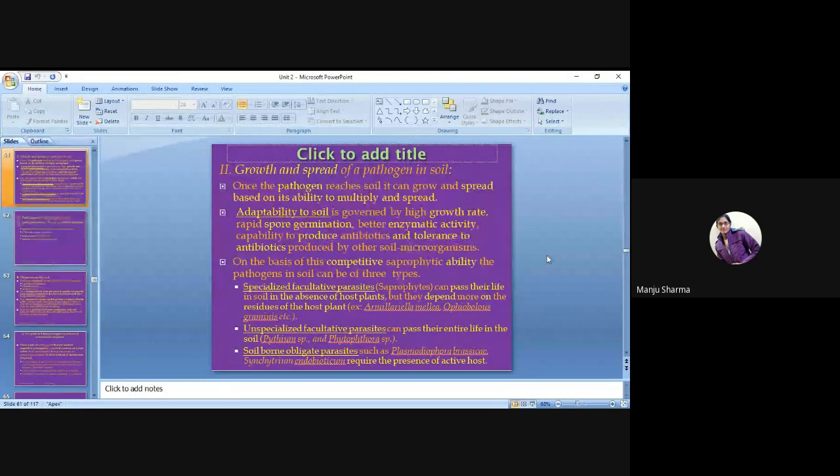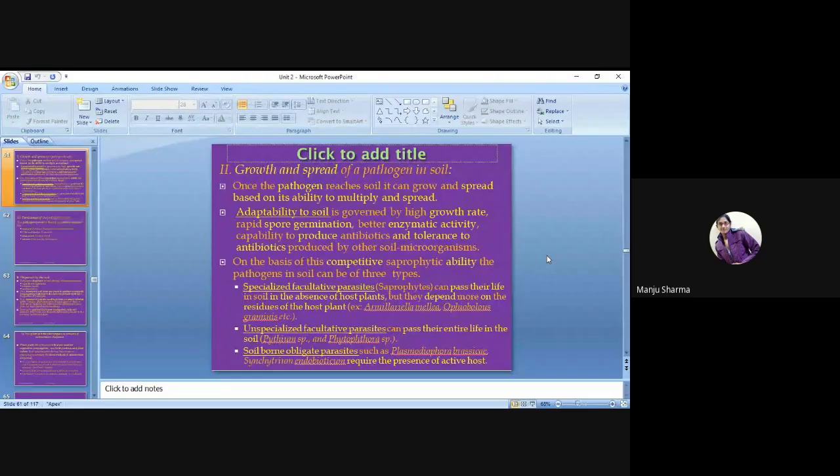That means whenever there is high growth rate, rapid spore germination, better enzymatic activity, capability to produce antibiotics, and tolerance to antibiotics produced by other soil microorganisms.